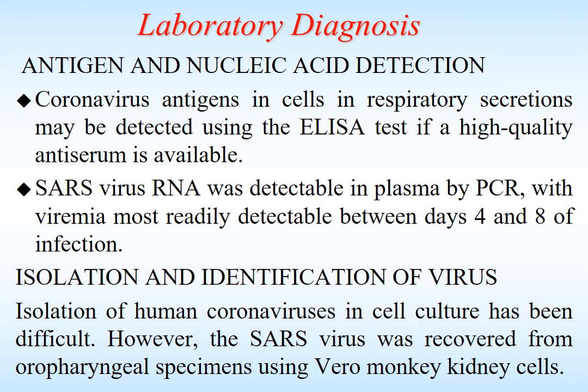Isolation and identification of coronaviruses in cell culture has been difficult. SARS virus was recovered from oropharyngeal specimens using Vero monkey kidney cells.